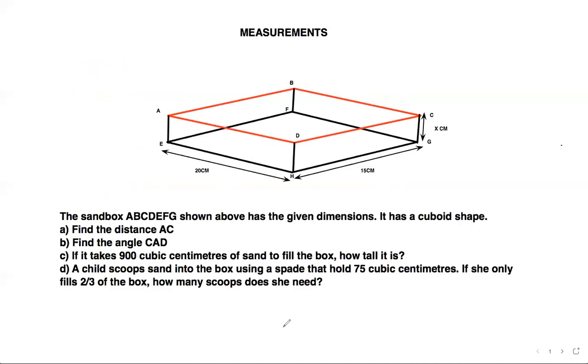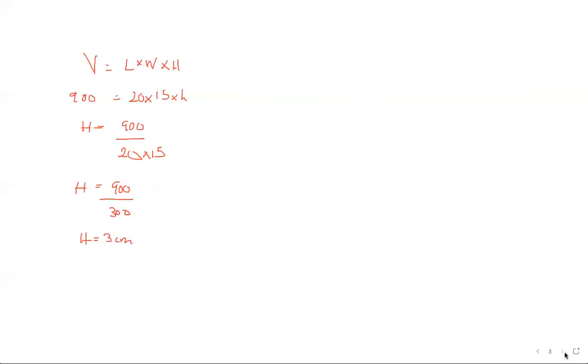And then the final part of the question. So a child scoops 75 cubic centimeters using a spade into the box, and she fills the box 2/3 full. How many scoops does she need? So 2/3 of this volume is going to be 2/3 of 900, which is 600 cubic centimeters.